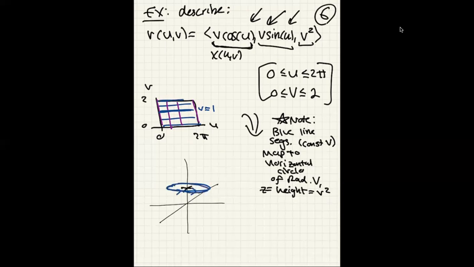But now up here, this one is going to be higher up. V equals 2 is going to map to a circle of radius 2, but super high at height 4. So if that was Z equals 1, Z equals 2, Z equals 3, here's Z equals 4. This topmost, I'll do it in the light blue, goes to something more like this.